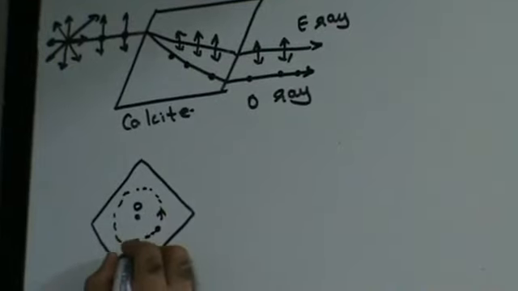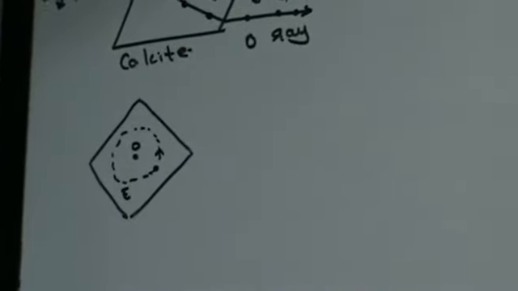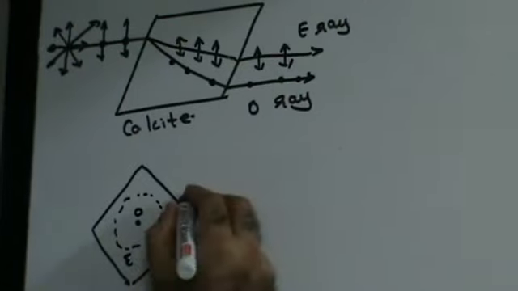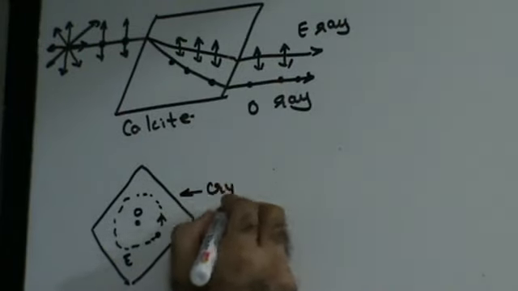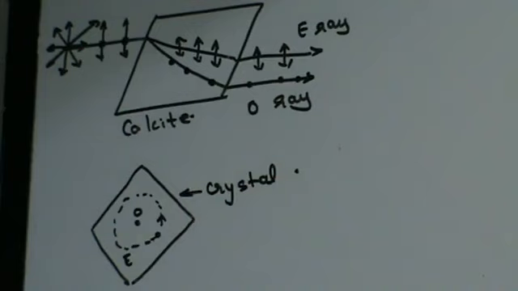This is my E ray. That's your top view. This is your crystal. So that means there are certain substances where, when a ray of light passes through them, instead of refraction you have double refraction taking place. Do we get this clear?